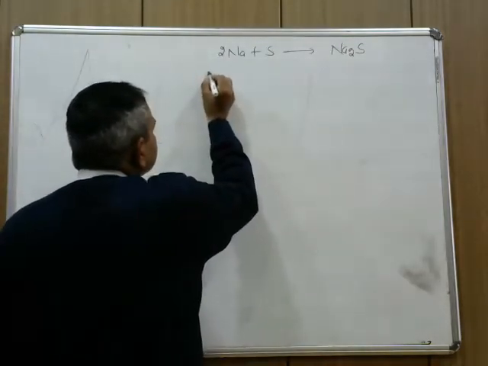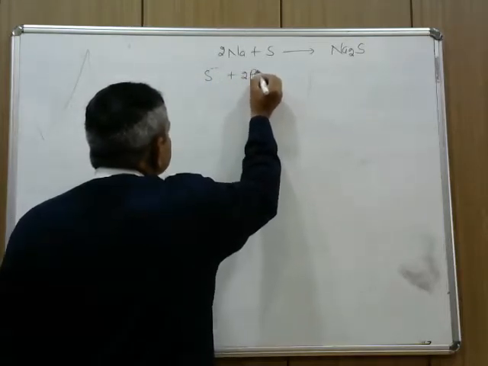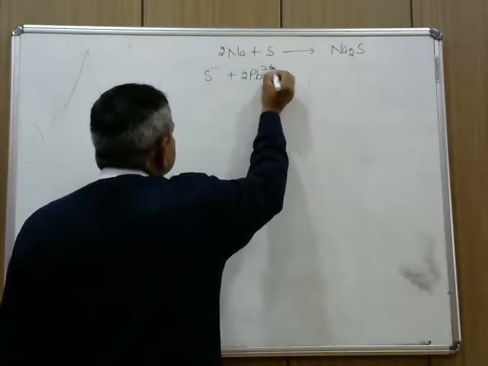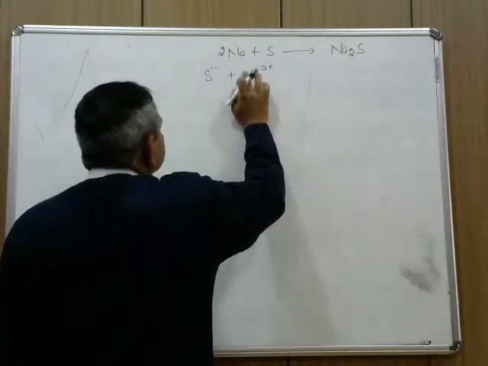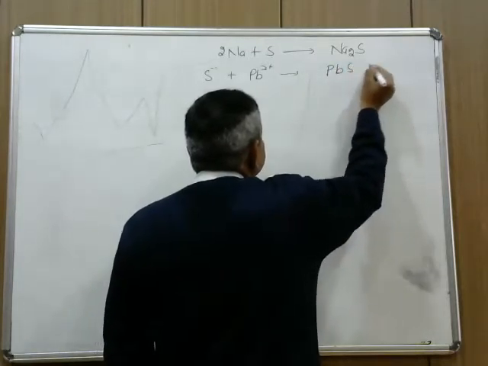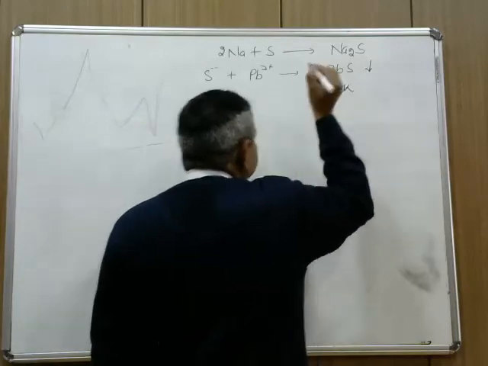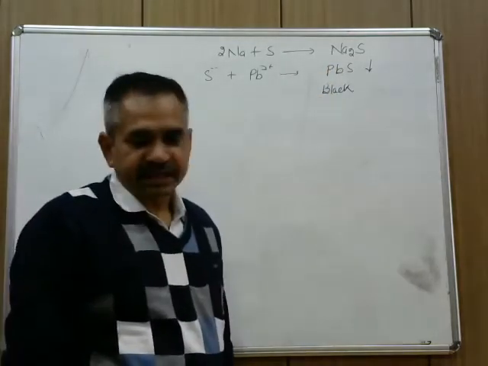Then these S2- ions with Pb2+ give PbS, which is black in color.